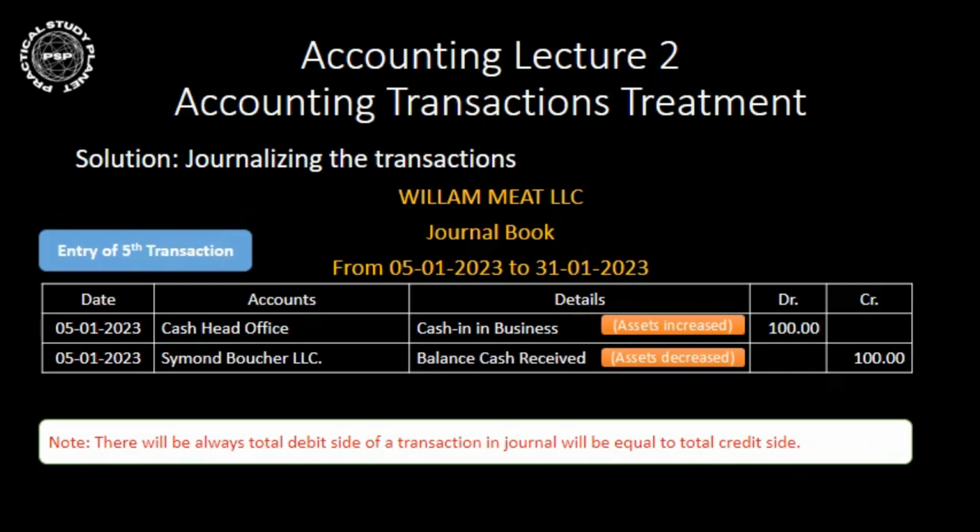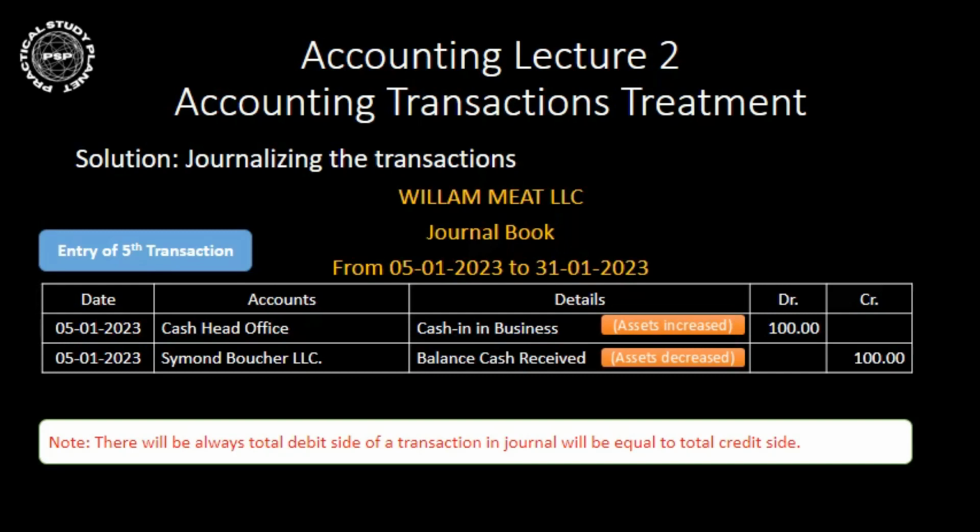The fifth transaction: the cash is paid by Simon Butcher LLC, the remaining cash 100 balance is now paid, so the cash asset will increase and will be written on the debit side, and our debtor Simon is decreasing. Before, we had to receive 100 from them, but now it is received, so it is treated as an asset decrease and written on the credit side.